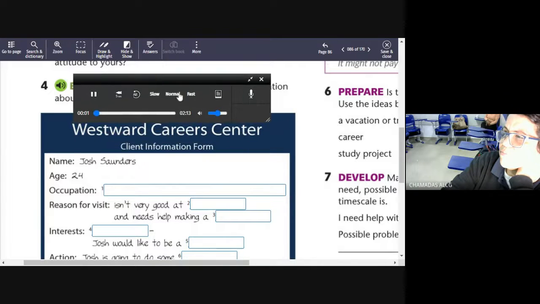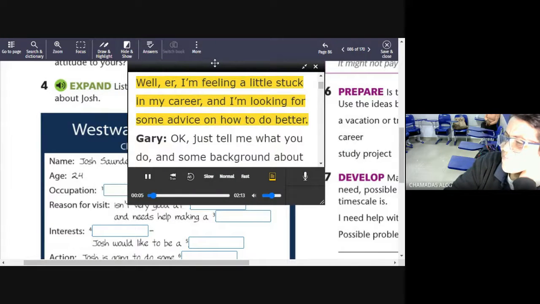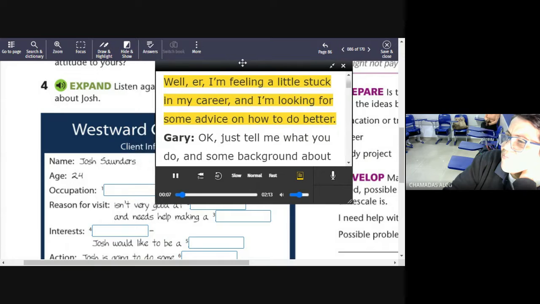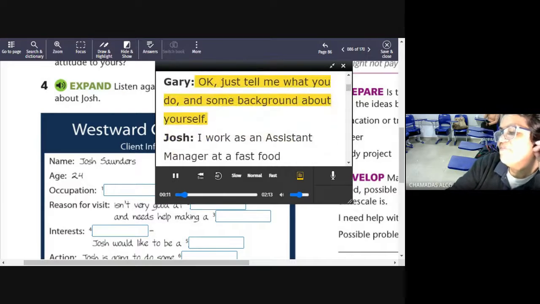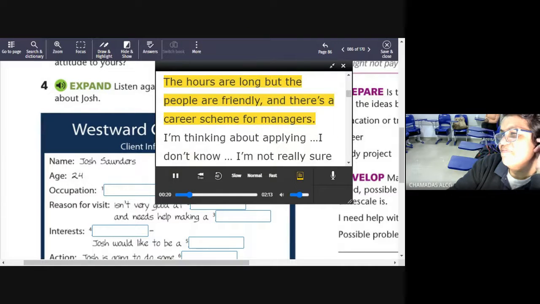Hi, Josh. I'm Gary. How can I help you today? Hi, Gary. Well, I'm feeling a little stuck in my career, and I'm looking for some advice on how to do better. Okay, just tell me what you do and some background about yourself. I work as an assistant manager at a fast food restaurant. The hours are long, but the people are friendly, and there's a career scheme for managers.